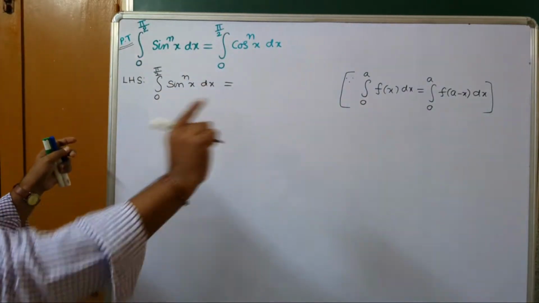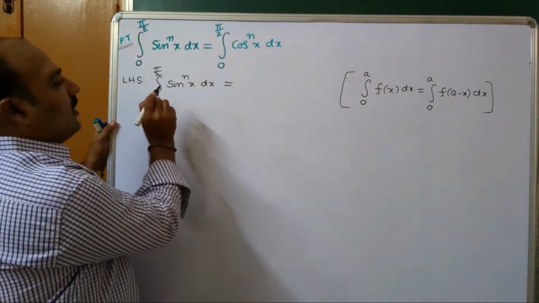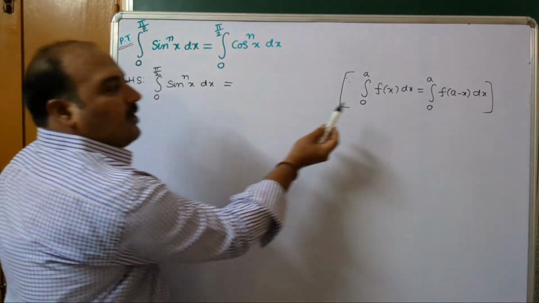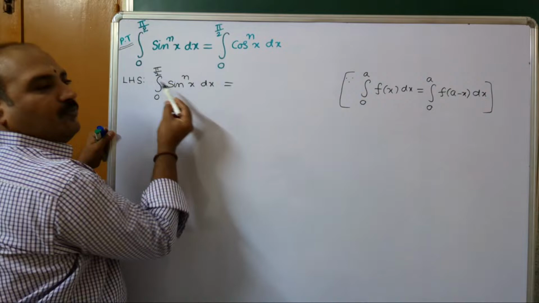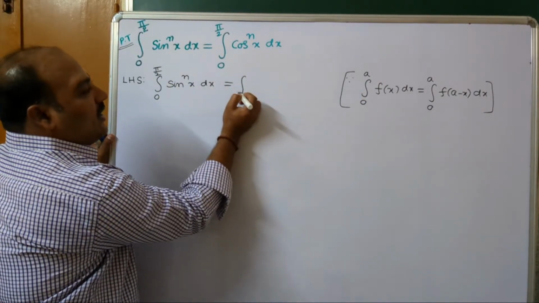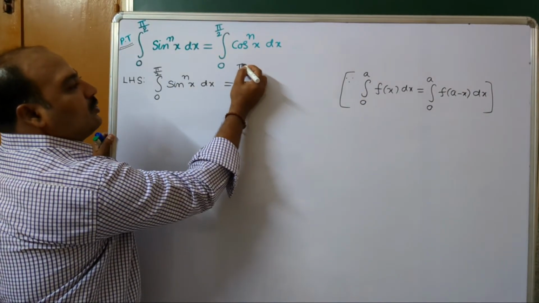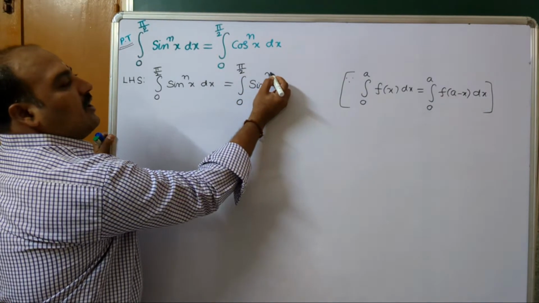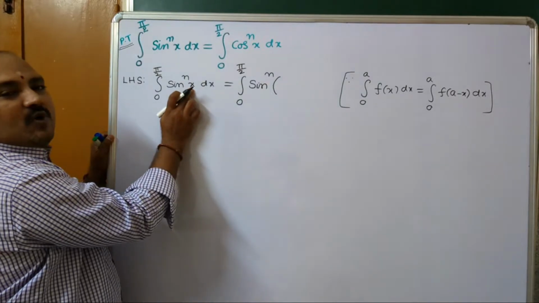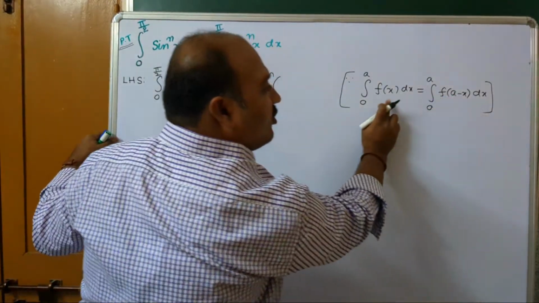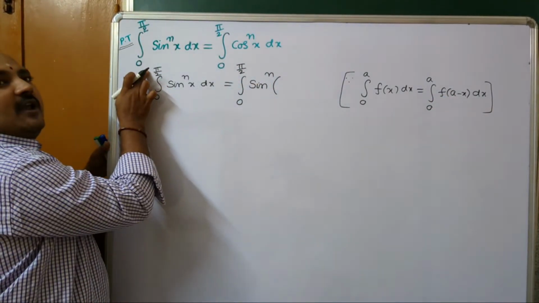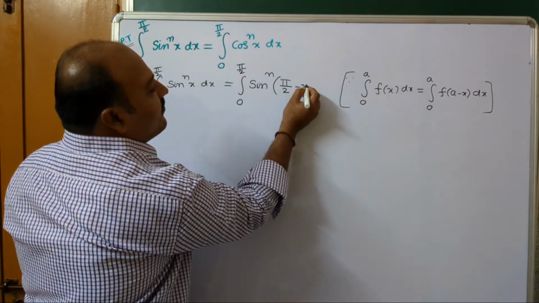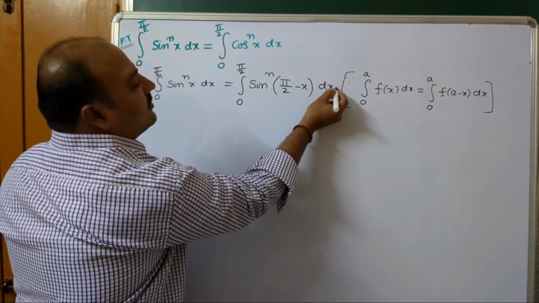By using this property, wherever x is there, you have to replace it with pi by 2 minus x, because here a is equal to pi by 2. So this integral becomes integral 0 to pi by 2 sin power n of, in place of x, a minus x according to this property, but here a is pi by 2, so pi by 2 minus x dx.